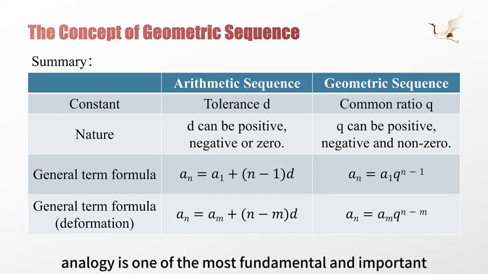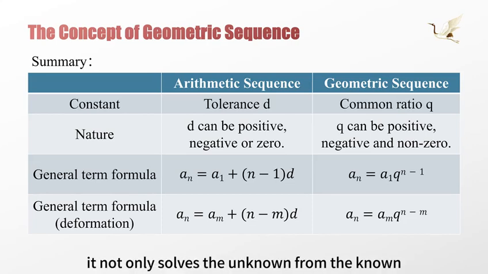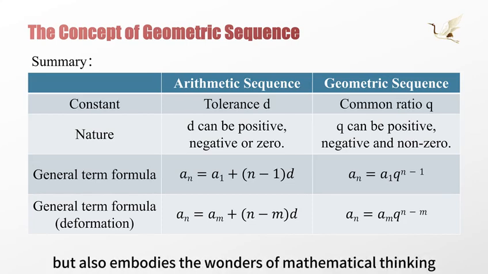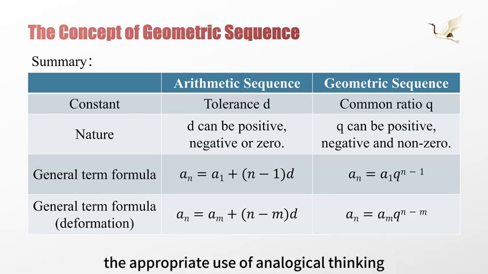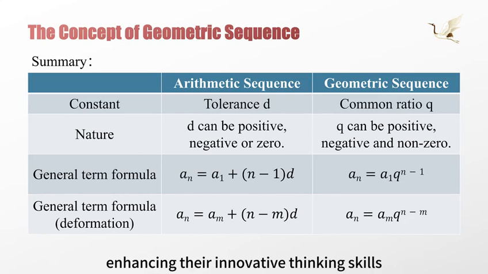Analogy is one of the most fundamental and important mathematical thinking methods. It not only solves the unknown from the known and complex problems from simple problems, but also embodies the wonders of mathematical thinking. The appropriate use of analogical thinking can help people draw analogies and improve their problem-solving abilities, as well as guide them to explore and acquire new knowledge, enhancing their innovative thinking skills.